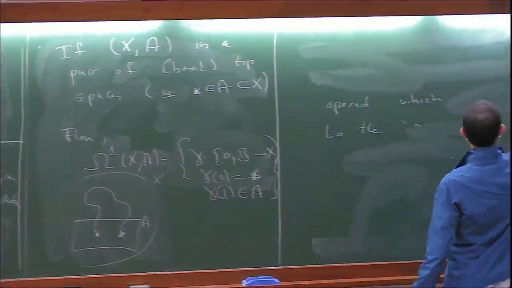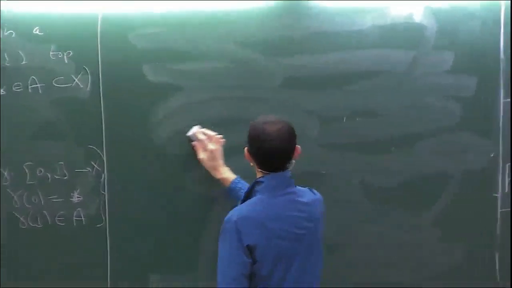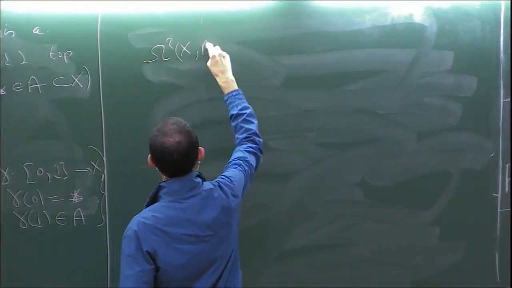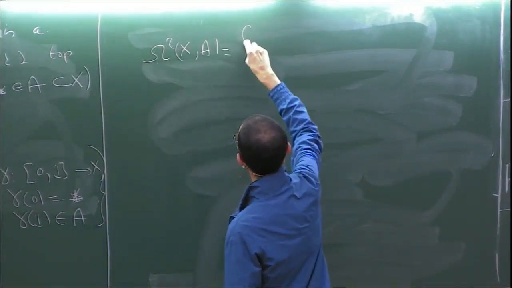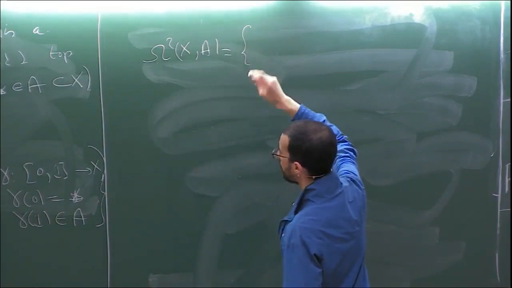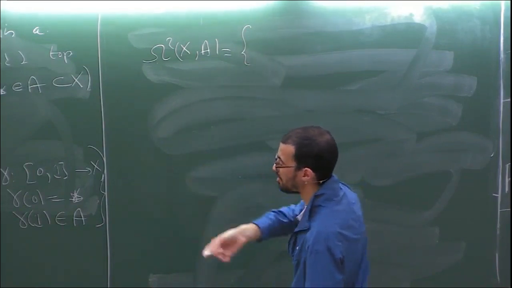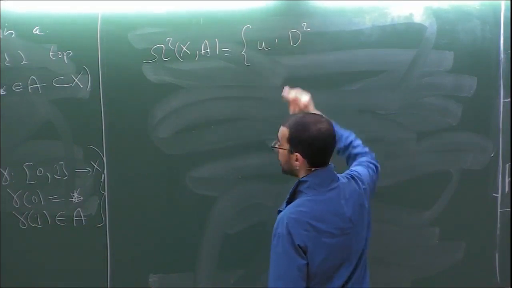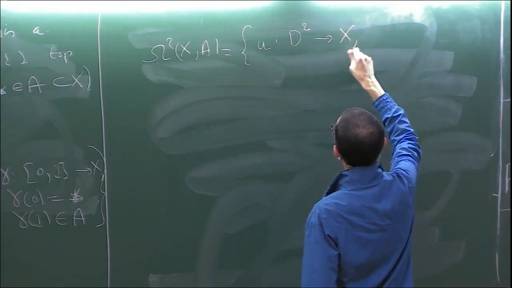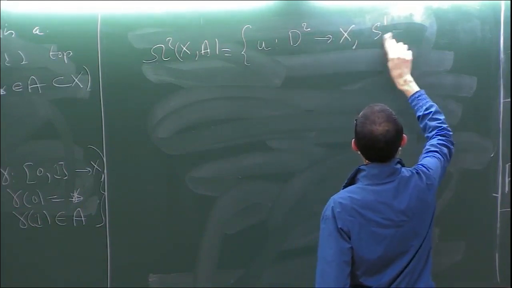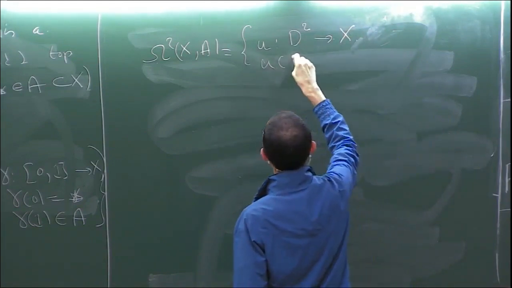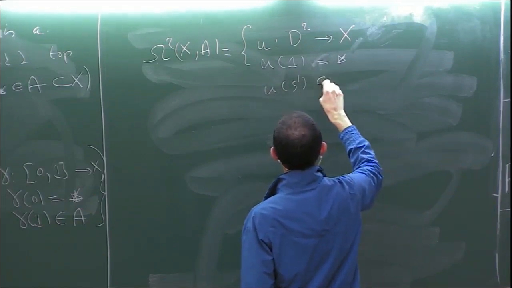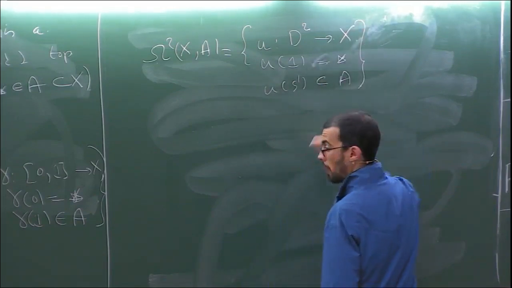So now we switch 1 to 2. What is this? This is going to be the space of maps. You don't want to use gamma, gamma usually for me is always a curve. Let's just call it u. From the disk, the 2-disk, to X, mapping S1, sorry, u of 1 is equal to the base point, and u of S1 is contained in A. Okay.